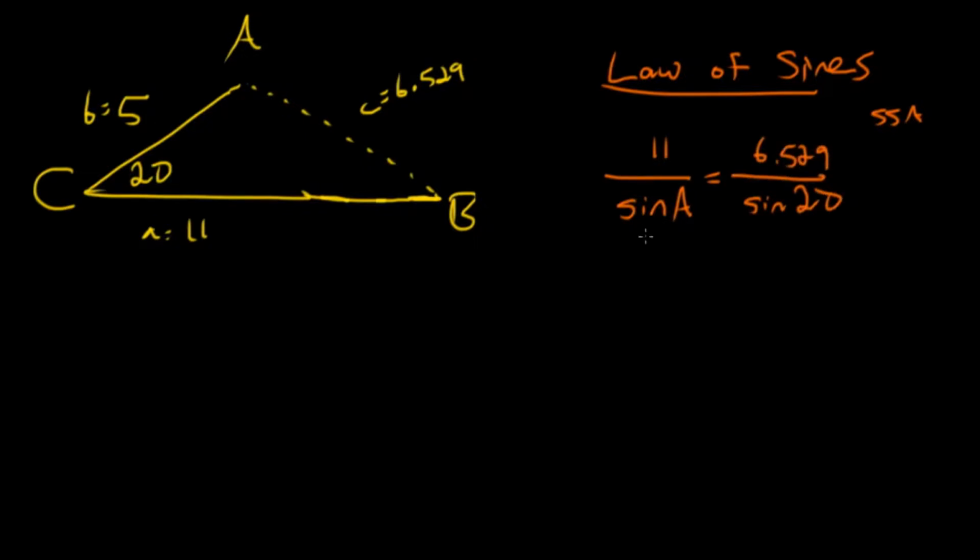If we solve for A, we get sine A is equal to, sorry guys, 11 divided by 6.529, with sine 20 on top.